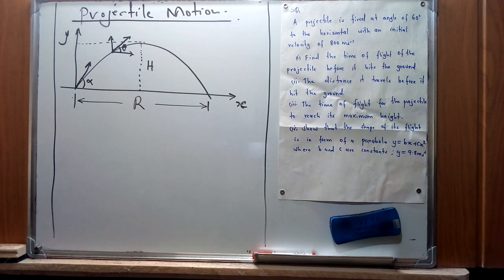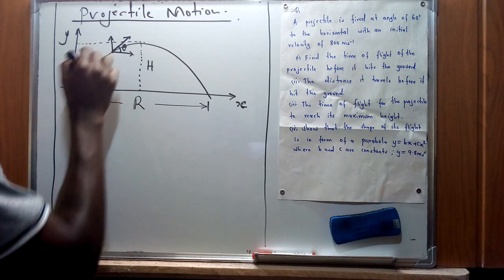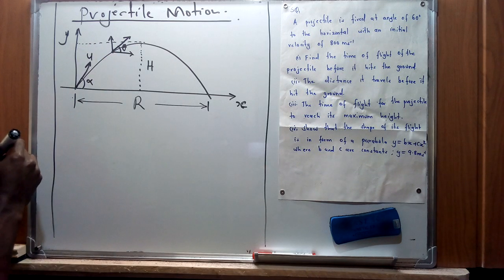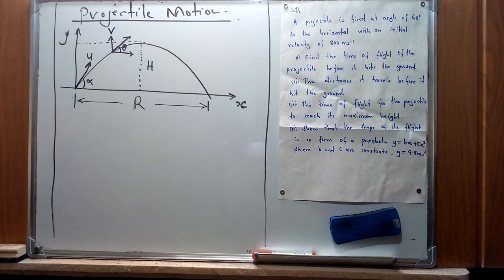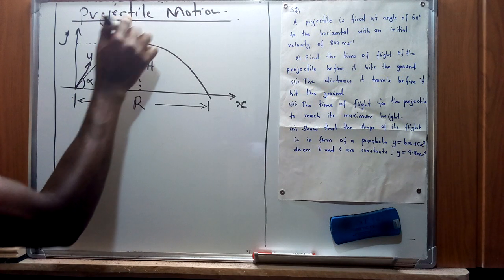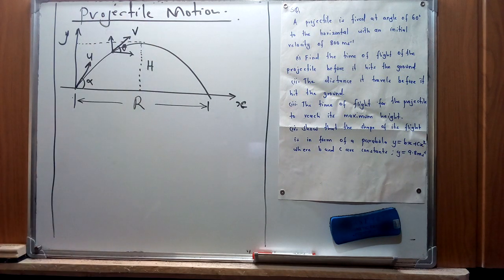The first one gives the initial velocity, which we're going to denote by u, and the second one is the final velocity at that specific point, the vector component of that velocity at that point, v.